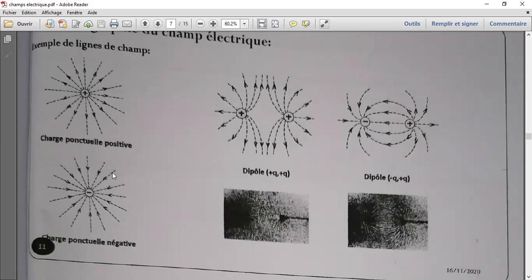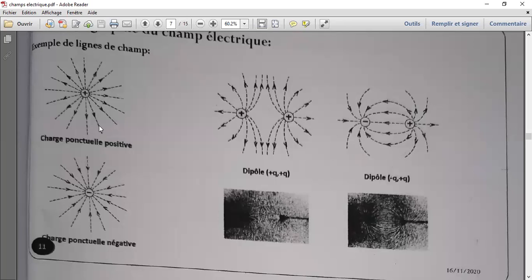And it's logical, because most of the time, you know that something positive has lost something, like in your chemistry. Something positive is losing, and something negative is gaining. So most of the time the negative part has the arrows entering, and the positive part has the arrows going outside.